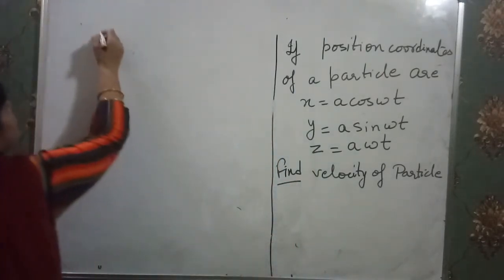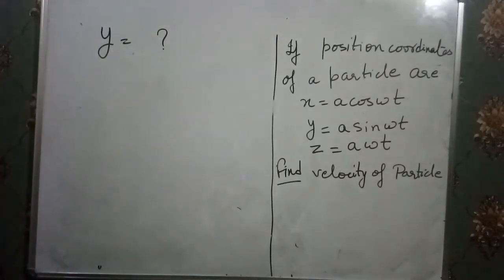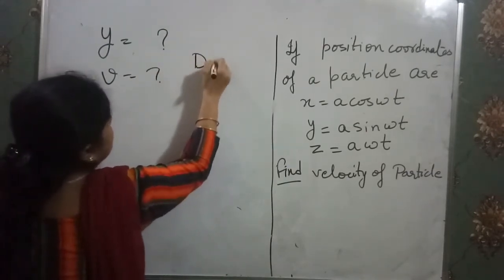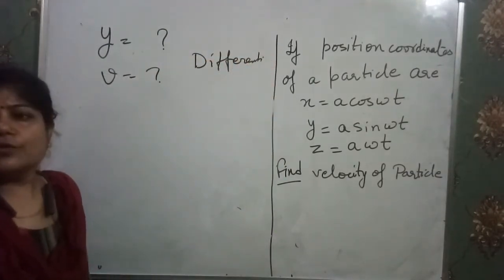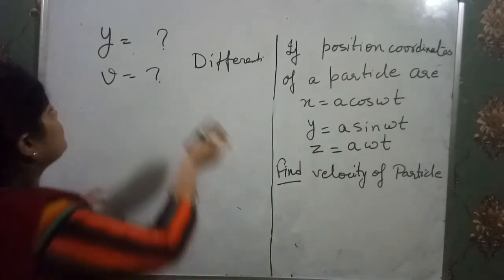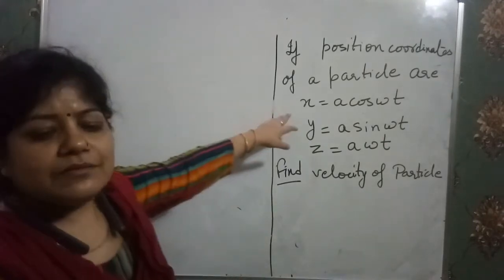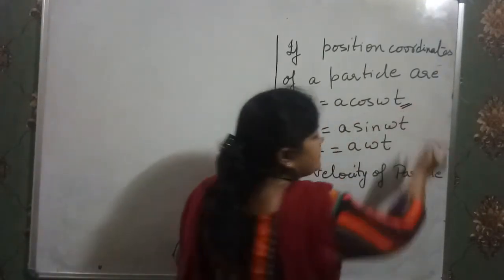When we have the displacement vector and we have to find the velocity, we do the differentiation. I told you. Now we differentiate each position coordinate of the particle with respect to time.